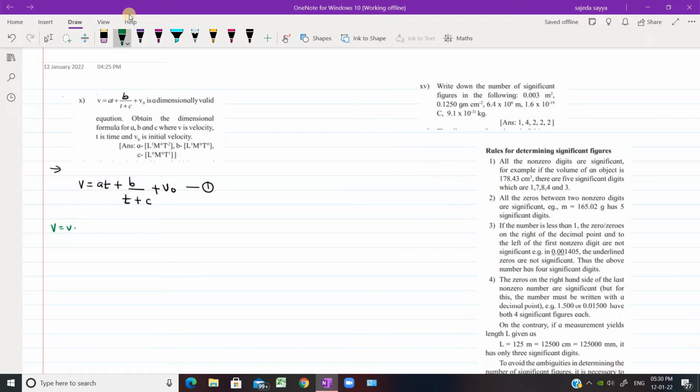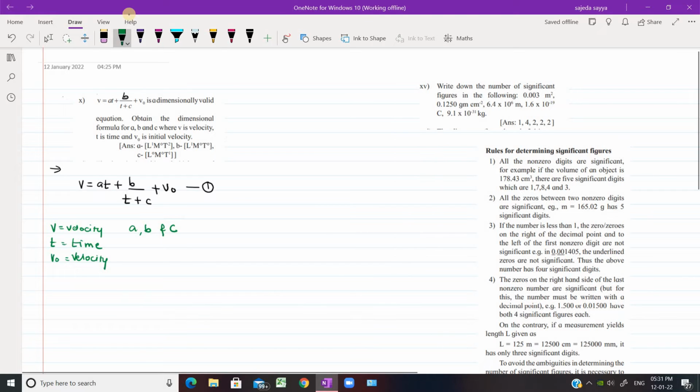V is velocity, small t is the time, then V naught is also a velocity, initial velocity, and this is final velocity. We are asked to find the dimensional formula for A, B and C. So let us do it.